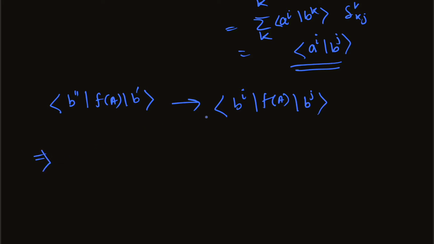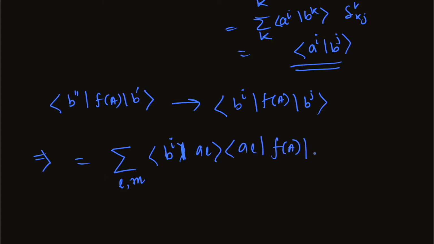So this is equal to summation over l, m of ⟨p_i|a_l⟩⟨a_l|f(A)|a_m⟩⟨a_m|p_j⟩.